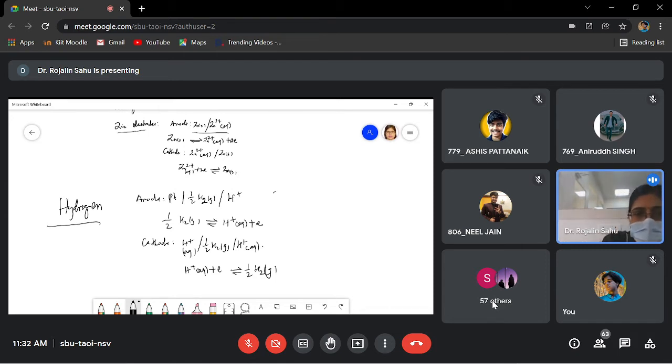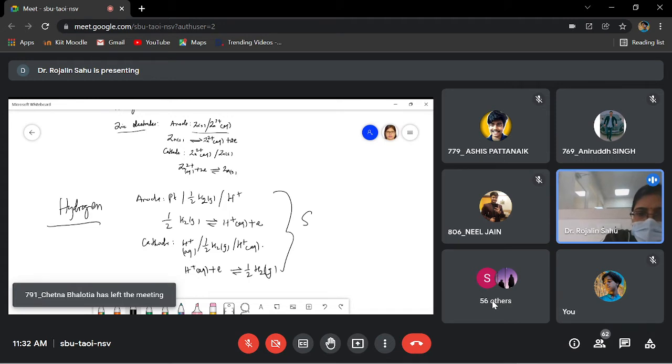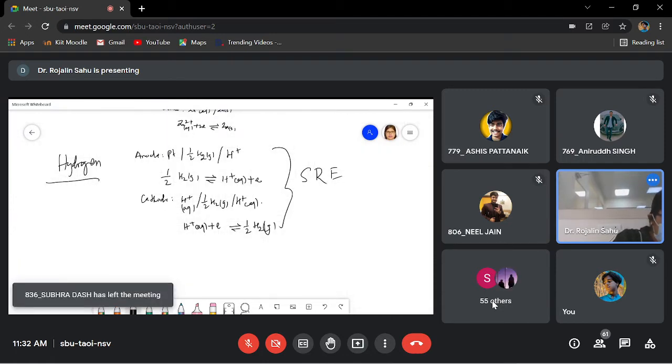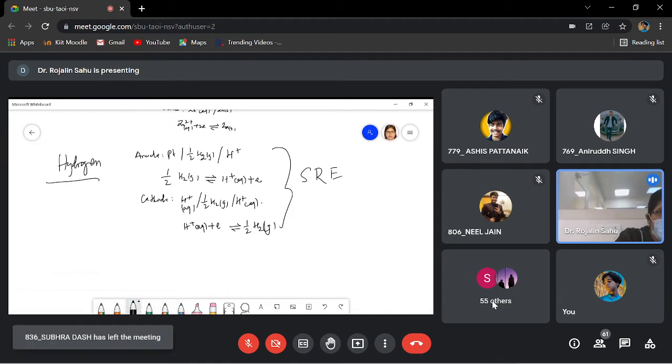So the hydrogen electrode is also called the primary standard reference electrode, and the electrode potential is taken as 0. So cadmium amalgam electrode also falls in this category.